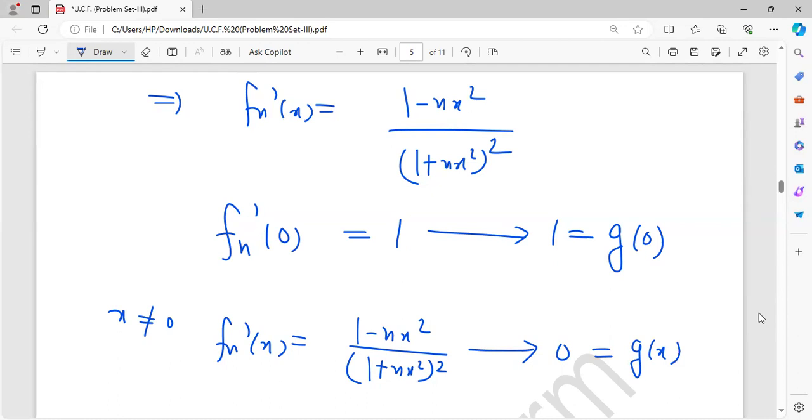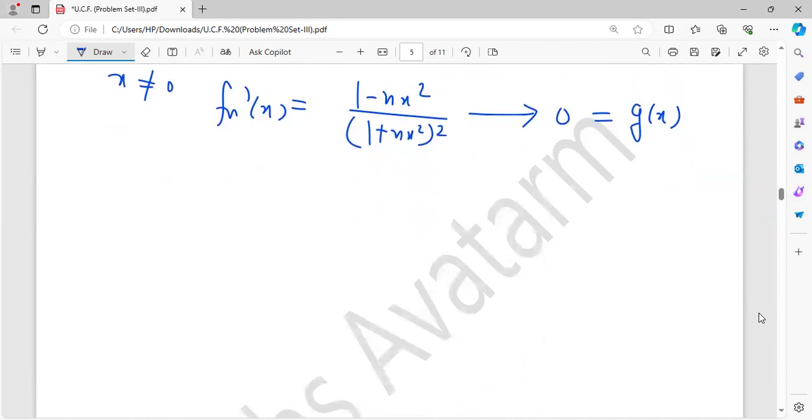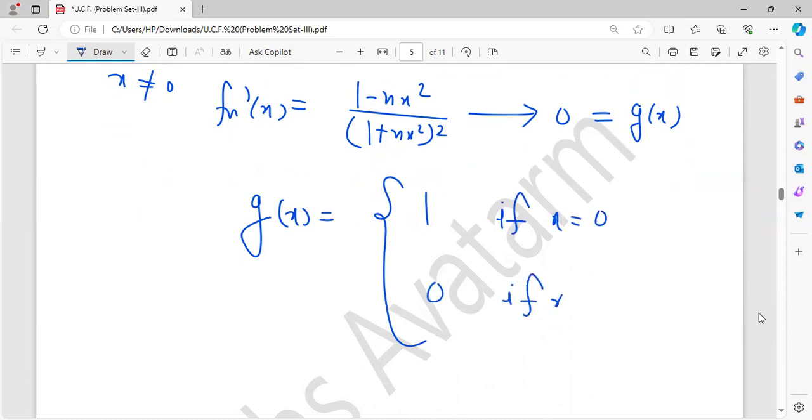It means the function g of x is 1 if x is 0, and it is 0 if x is in this set.